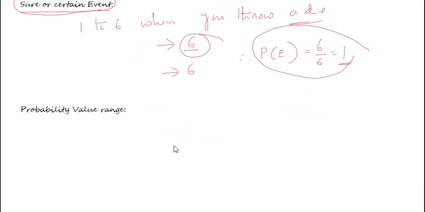The probability value range: we know for an impossible event the probability P is 0.